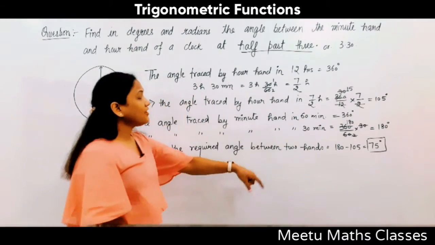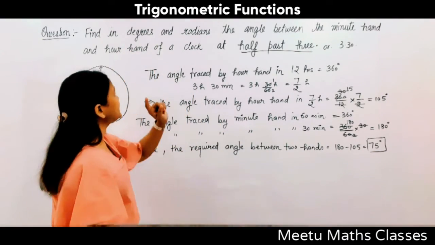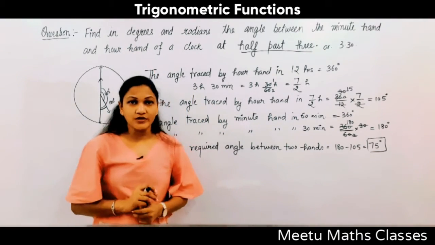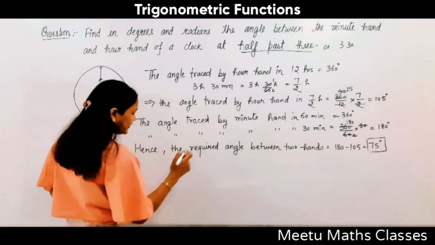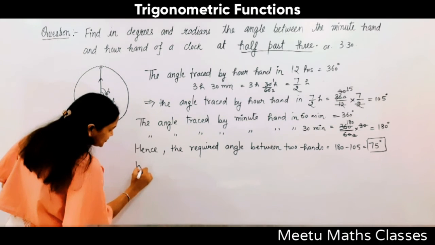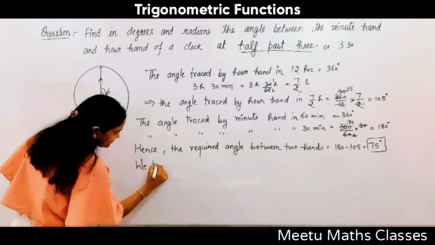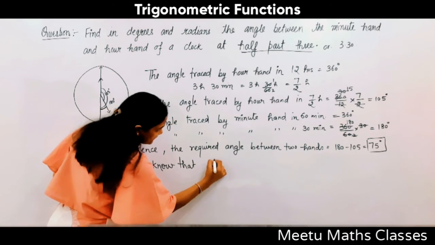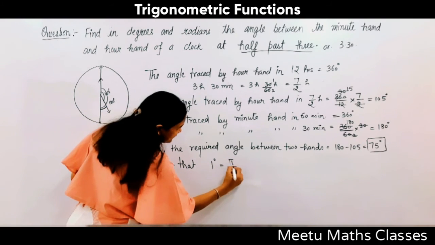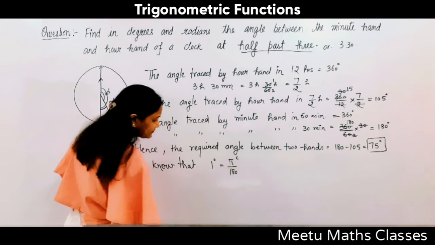But we are supposed to find this angle in degrees and radians both. So now we are going to convert degrees into radians. We know that 1 degree is equal to pi by 180 radians.